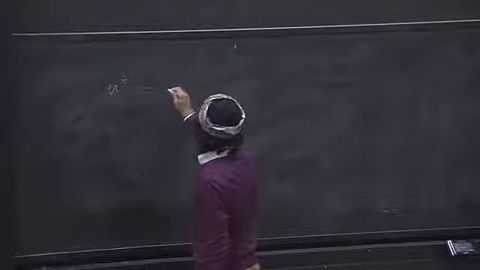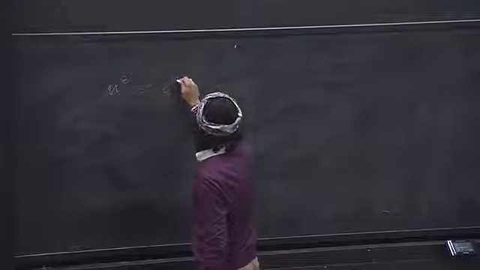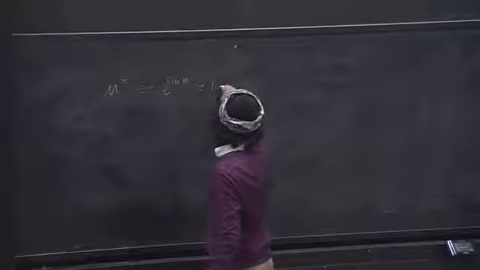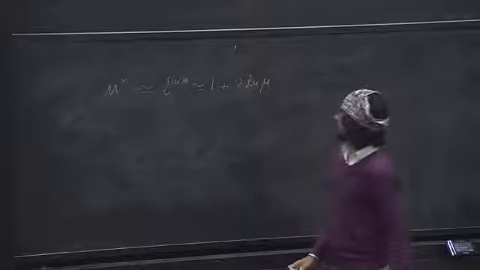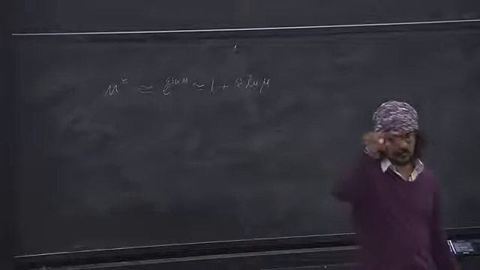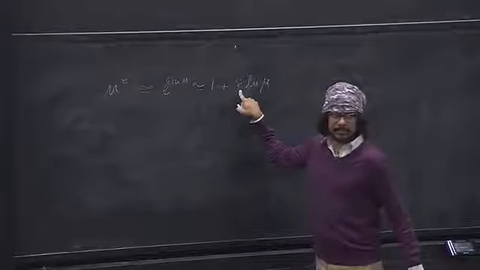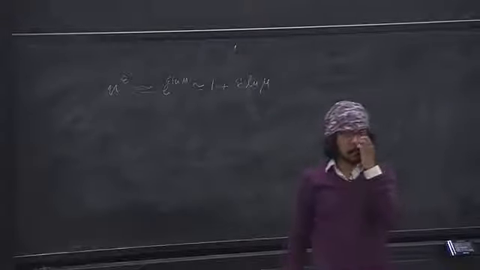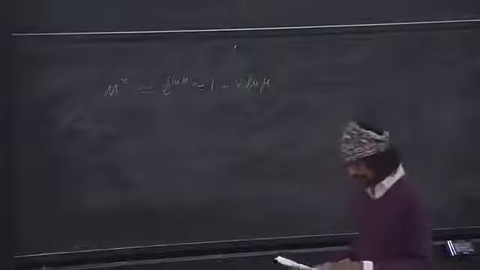This is e to the power log of mu epsilon, so 1 plus epsilon log of mu. And this will be multiplied by some divergent quantity at one loop, which is 1 over epsilon. So that will cancel this 1 over epsilon. And so the finite part will have a log of mu dependence.